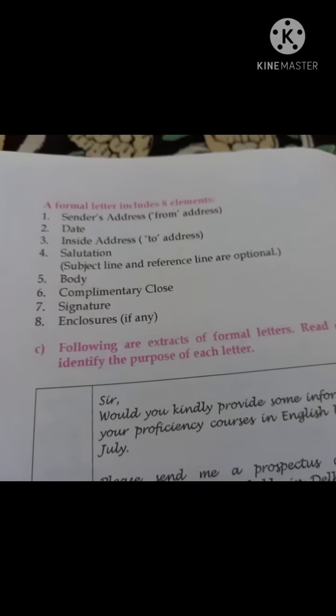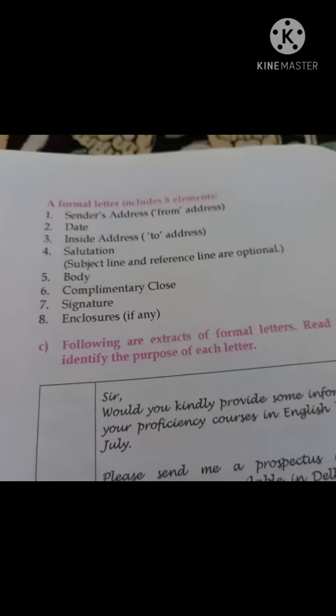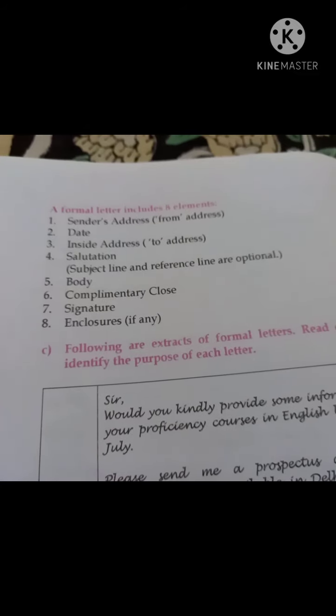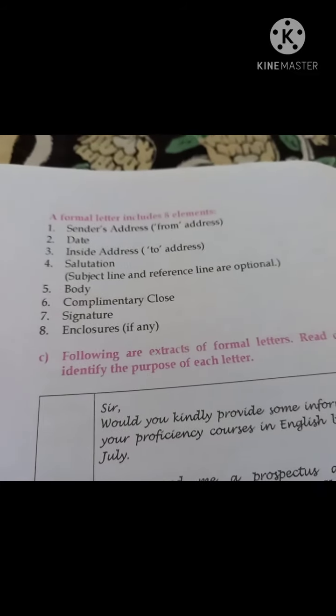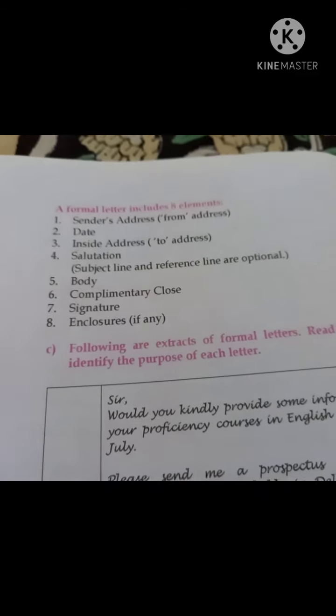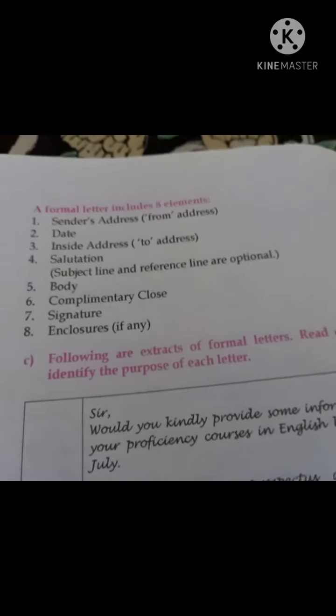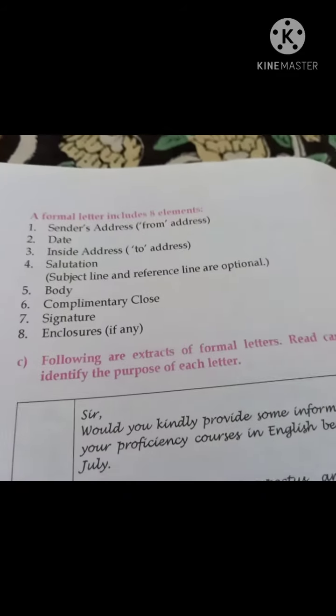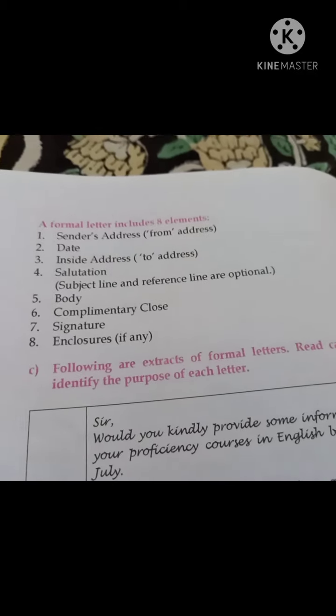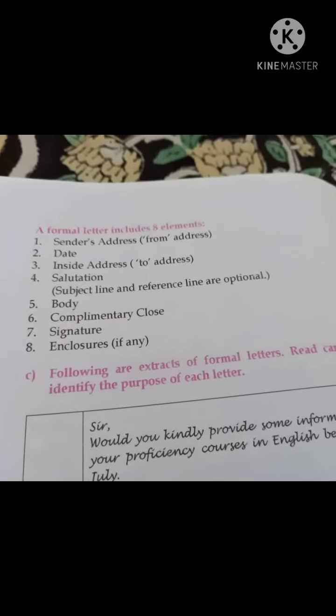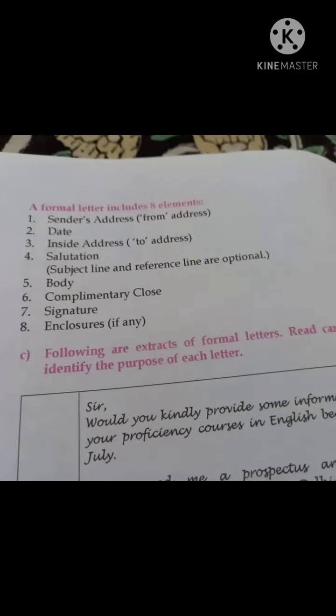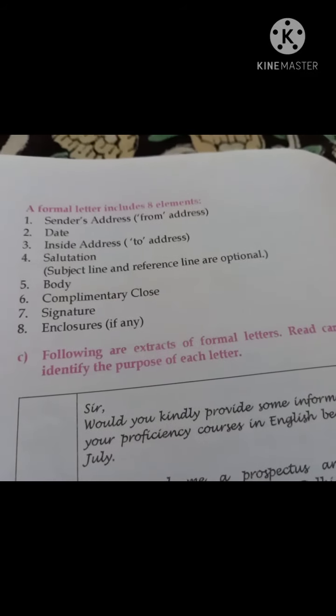Then the 7th element is signature. You have to sign after the complementary clause. And the 8th element is enclosures. What are enclosures? When you apply for a job, you will be providing a photocopy of your marks cards or experience certificates.